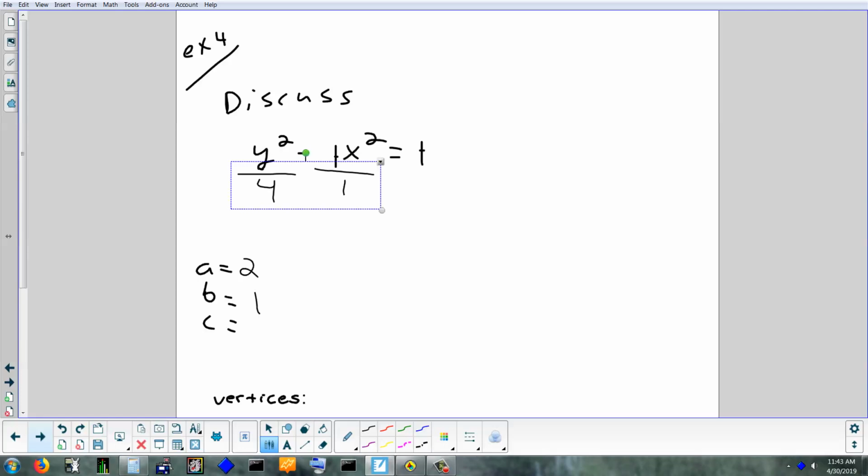And then C squared equals A squared plus B squared. So A squared is 4, B squared is 1. 4 plus 1 gives me 5. So C is the square root of 5. Okay, so that's all the important stuff you need. Now you can do whatever you need to do.